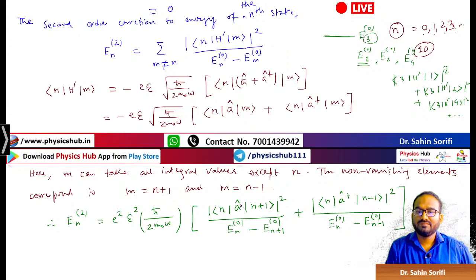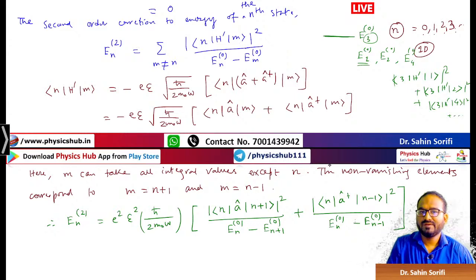Look, in the first term n a n plus 1, another term will be there, n a dagger n plus 1, but that term is 0, that is why we have not written it here. Similarly, when you put m equals n minus 1, there are two terms actually, n a dagger n minus 1 plus n a n minus 1. So n a n minus 1 is 0, that is why we have not written it here.